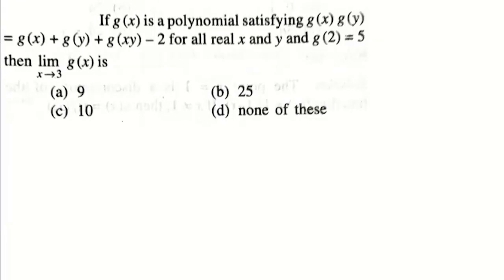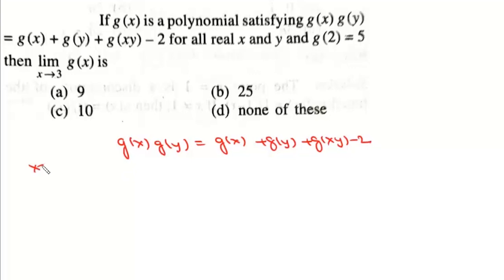Right, the question is gx is a polynomial satisfying gx into gy is equal to gx plus gy plus gxy minus 2. Now what we'll do is we'll find the value of g1. Now we'll put x and y as both 1.